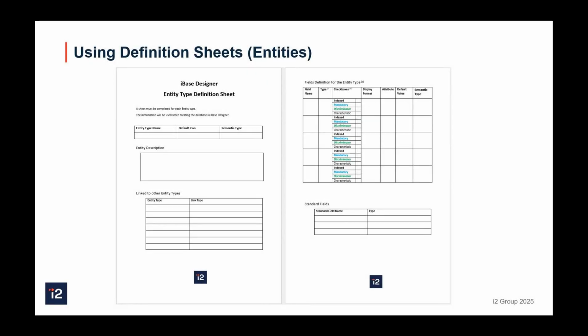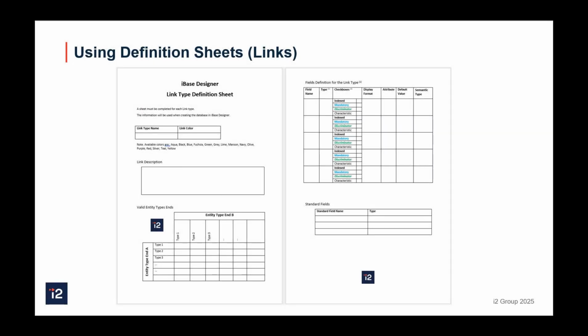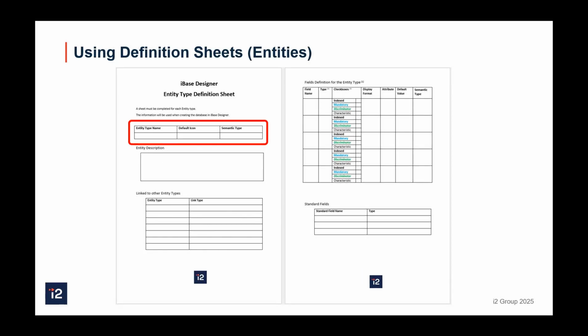To help you with designing the iBase database structure, we recommend that you use definition sheets. We provide definition sheets for entities and for links. Here is an example of the definition sheet for the entities. You have the entity type name, the default icon, the semantic type, and the entity description, which is some text to define what the entity is for.